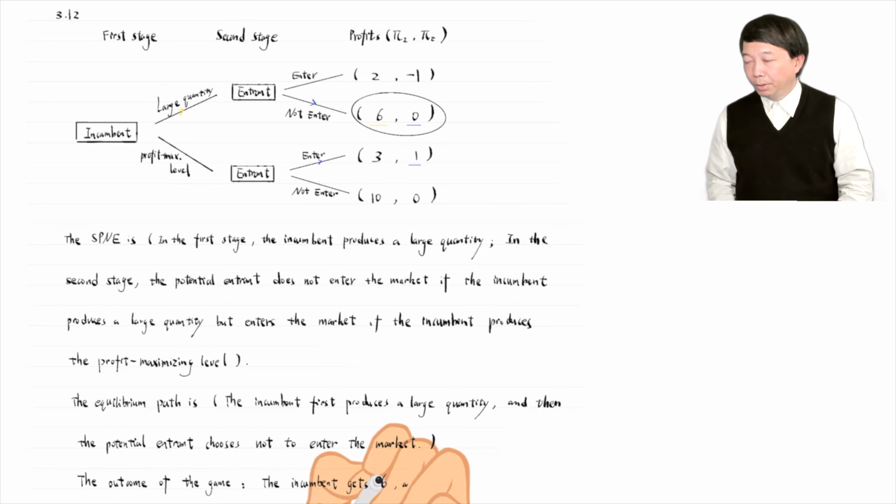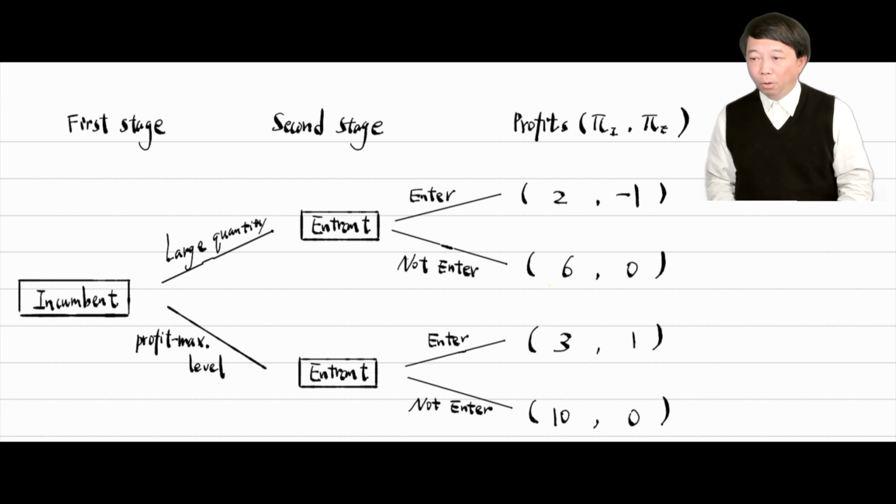The incumbent produces more than the profit maximizing level in the first stage to discourage potential rivals from entering the market. However, if we alter the profit, then the Nash equilibrium may change. Suppose that the profit the potential entrant will earn is positive if it enters the market, given that the incumbent produces a large quantity.